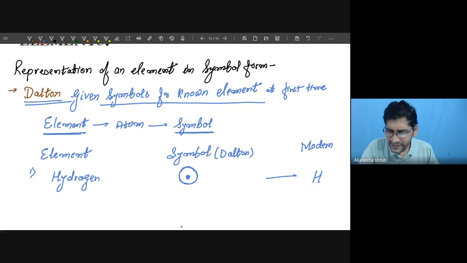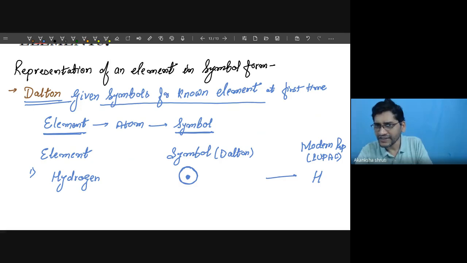This modern representation was given by IUPAC. IUPAC is a body or a meeting which decides internationally acceptable things. Those things are decided here.